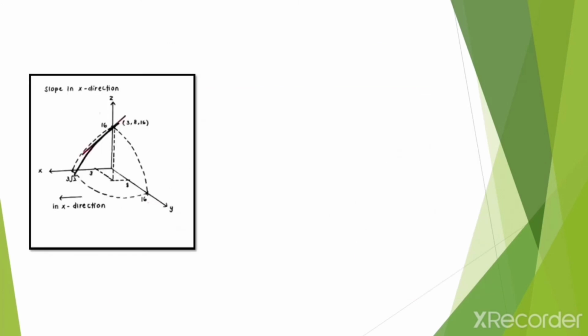From the calculation, we know that the slope in the y direction is safer than the x direction, because in the y direction we get negative 1, which is smaller, so that the slope is not too steep.